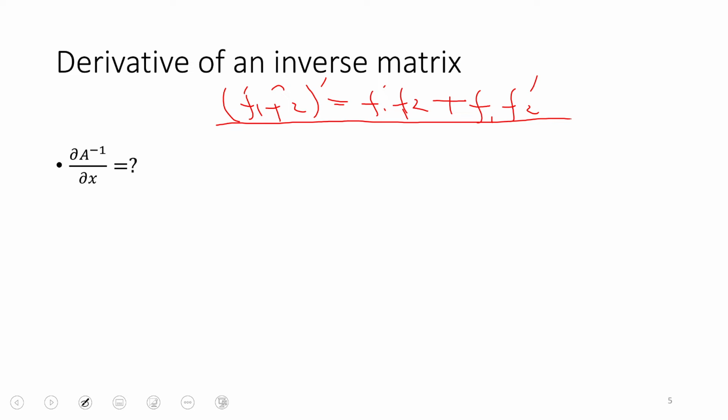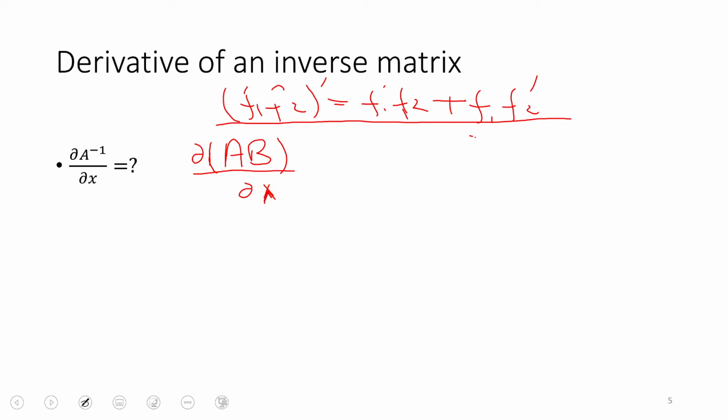Now we're going to find it for AB. Let's say AB is a matrix, and they are all functions of x, so we want to find the partial of AB with respect to partial x.